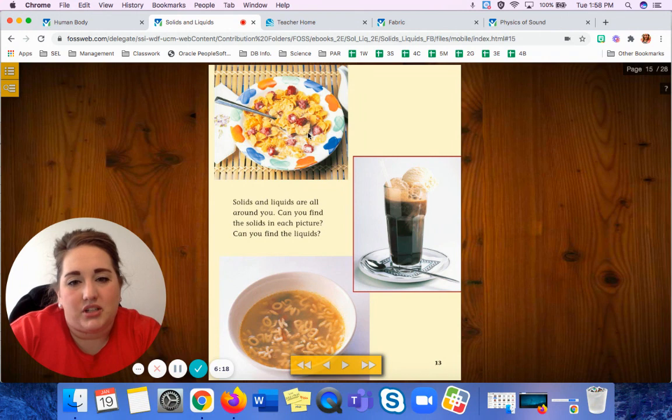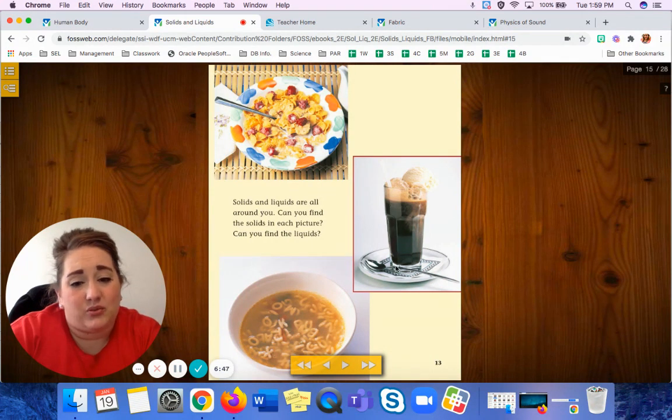So in the top picture is a bowl of cereal. If we're talking about just the foods, the Frosted Flakes or the corn flakes, and the berries are going to be solids, and the milk is going to be a liquid, right? And then down here with the root beer float, the ice cream is a solid, the root beer is a liquid.